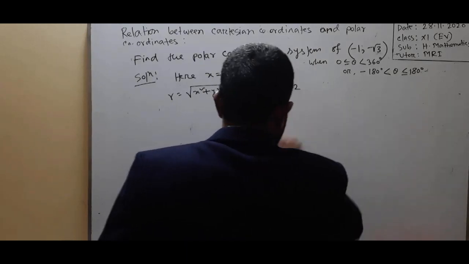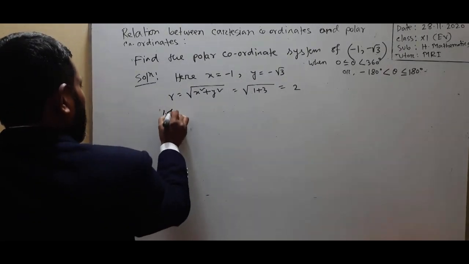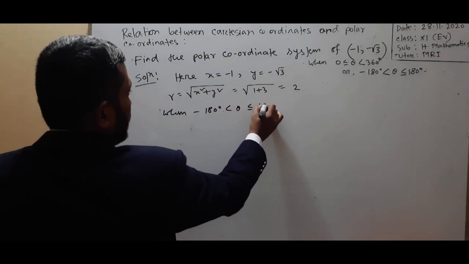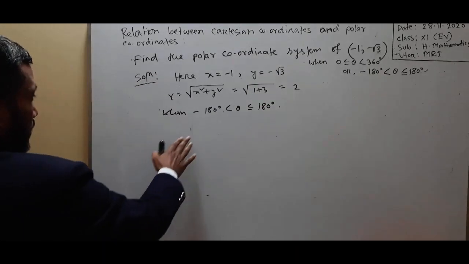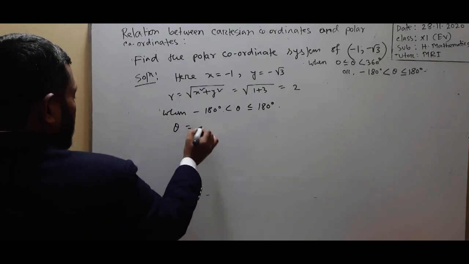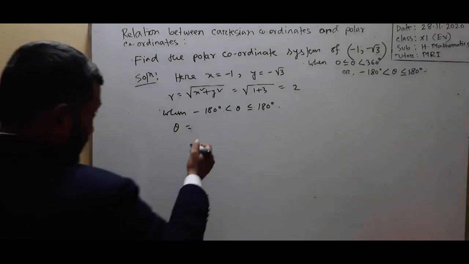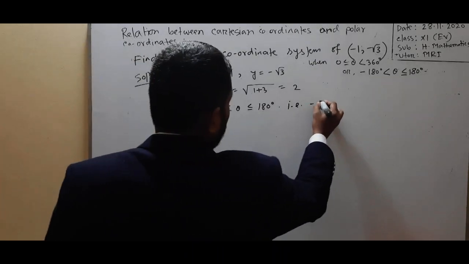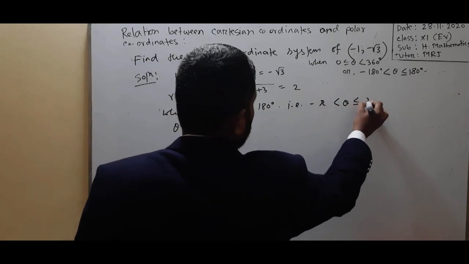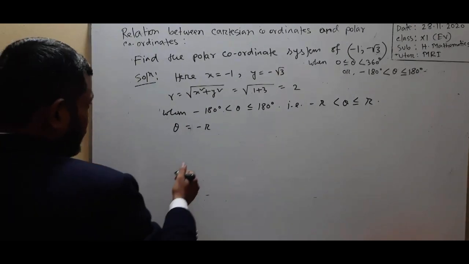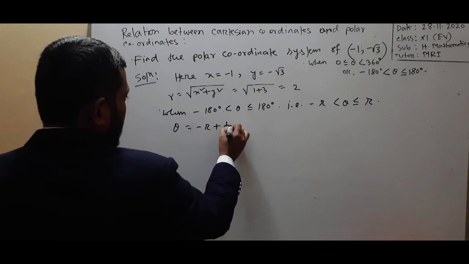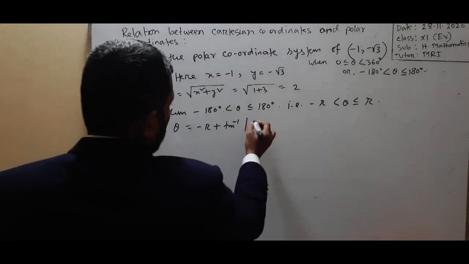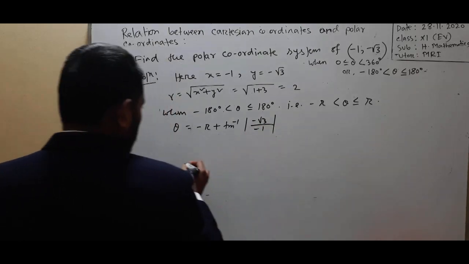Another: if minus 180 degree less than theta less than or equal to 180 degree, so theta will be minus pi plus tan inverse. Dear student, you can write here minus pi less than theta less than or equal to pi. Tan inverse y by x, here y is minus root 3 and x is minus 1.